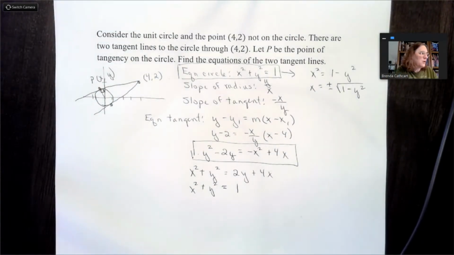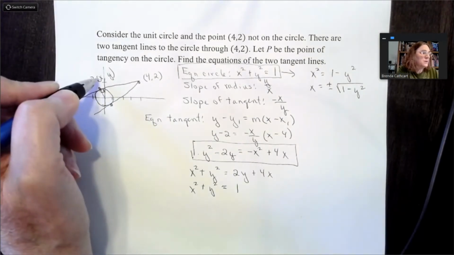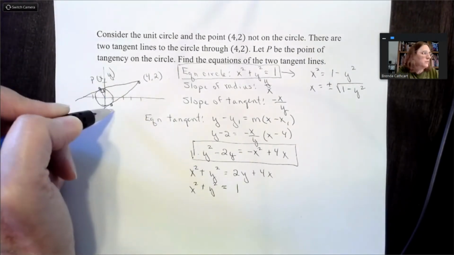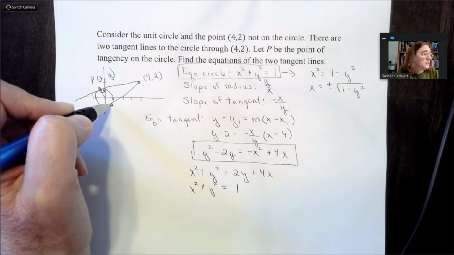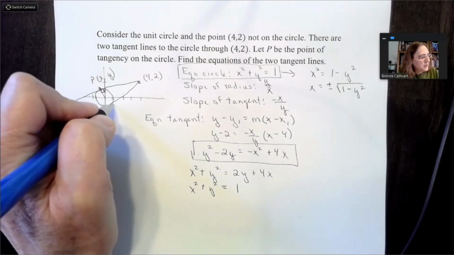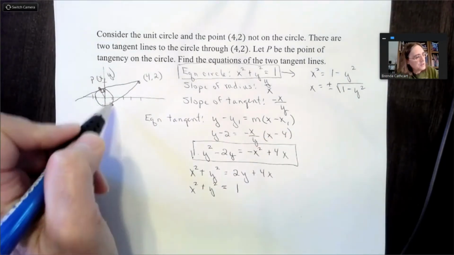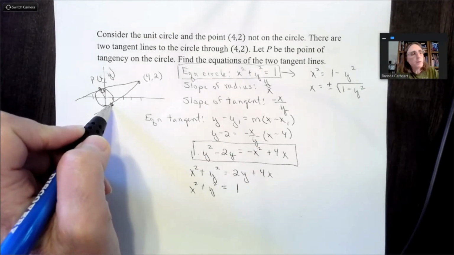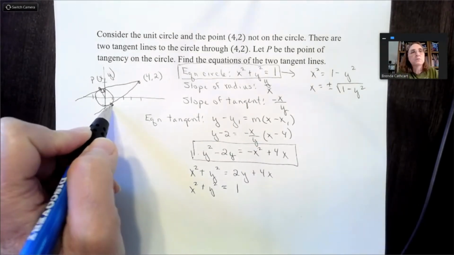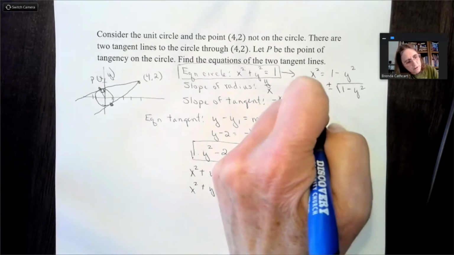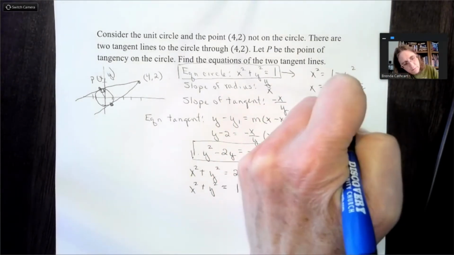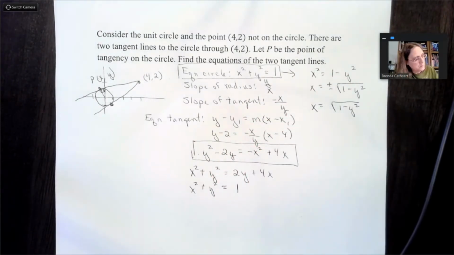Okay, so as I'm looking at different points, I know up here x would be negative and down here x would be positive. So let's go ahead and choose the positive one just because it's much easier working with the positive. And let's find out what our x coordinate of this point is first. So x equals the square root of 1 minus y squared.